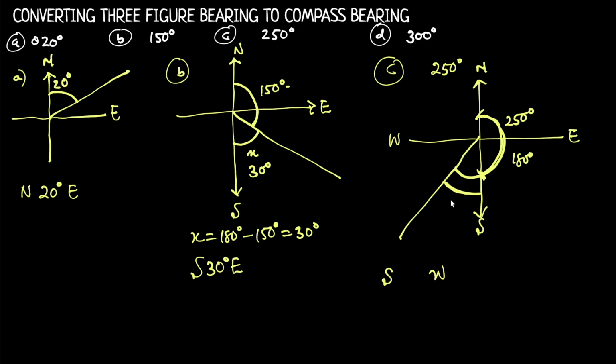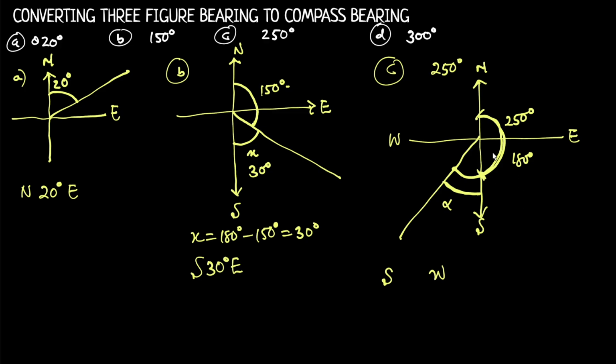So we need to get the angle here. I left 180 here, and this is 250. How much have I added to get the 250 degrees? I just subtract the 180 from 250.